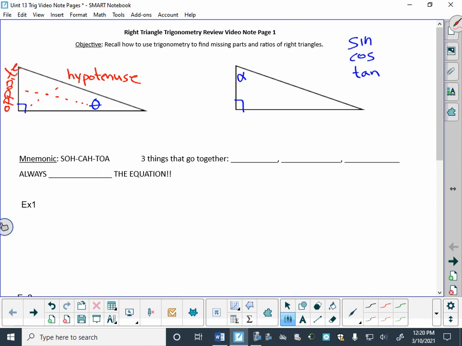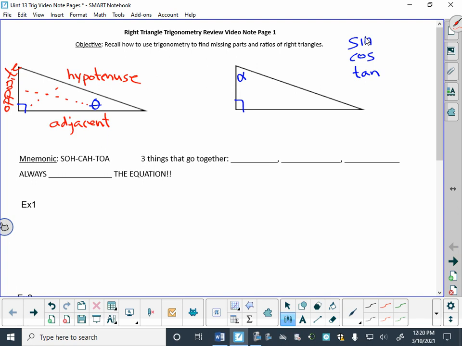We call that opposite. It's on the opposite side of the triangle from where the angle is. And then the one that's left over is the adjacent. Adjacent means next to. This side is next to this angle labeled theta. The hypotenuse is as well, but it's too busy being the hypotenuse to be the adjacent.